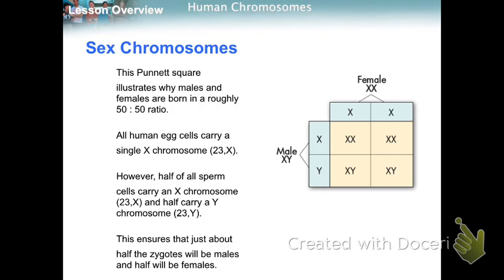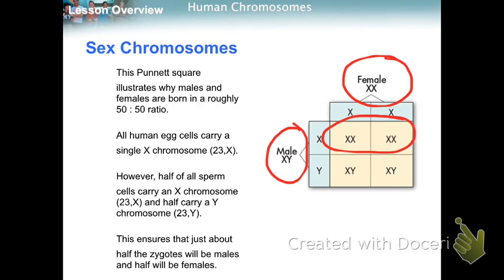We did a Punnett square here on this slide with the sex chromosomes. So we have the female XX up here, male XY down here. And when we separate those chromosomes into gametes, this is why when you have a pregnancy, there's a 50-50 chance of that child being female and a 50-50 chance of that child being male.